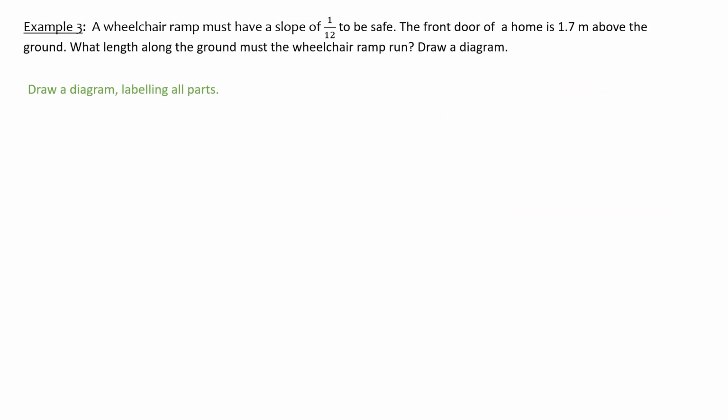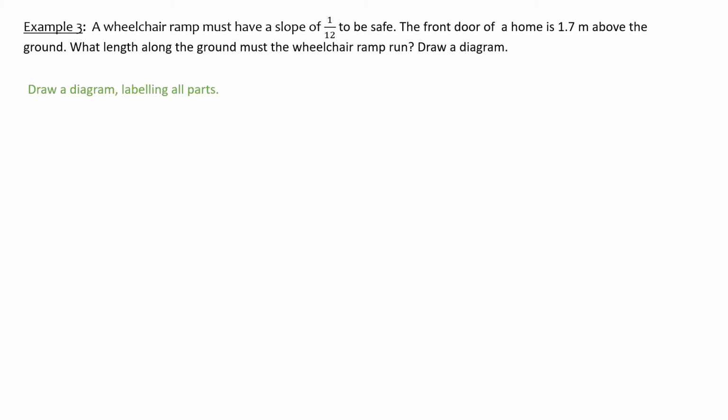Example 3. This is our last example. A wheelchair ramp must have a slope of 1/12 to be safe. We saw that in the beginning slideshow. The front door of a home is 1.7 meters above the ground. What length along the ground must the wheelchair ramp run? Draw a diagram.